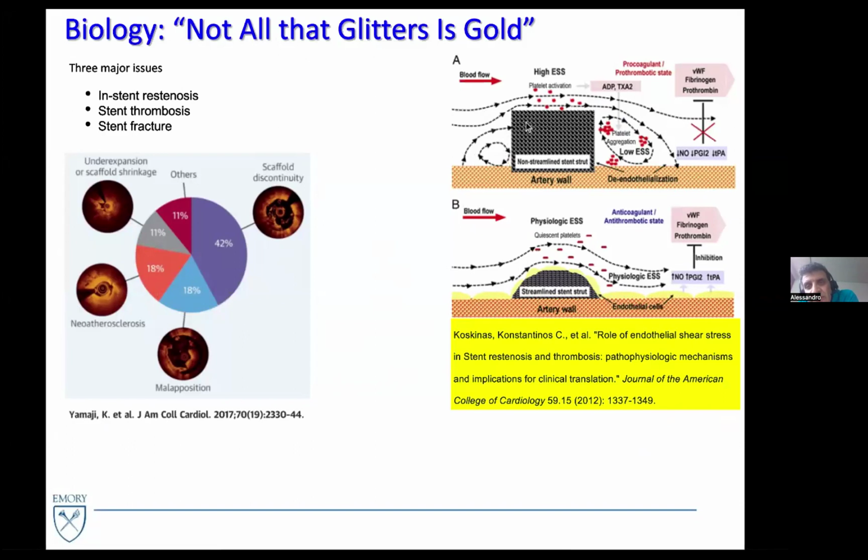And of course, this increased thickness triggers some fluid dynamics pattern. In particular, imagine this is the strut, the blood is flowing in this direction, and you see here some recirculation.